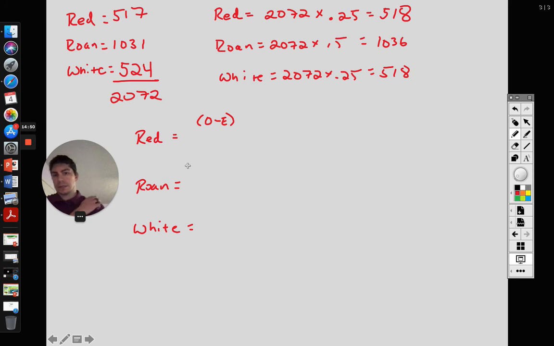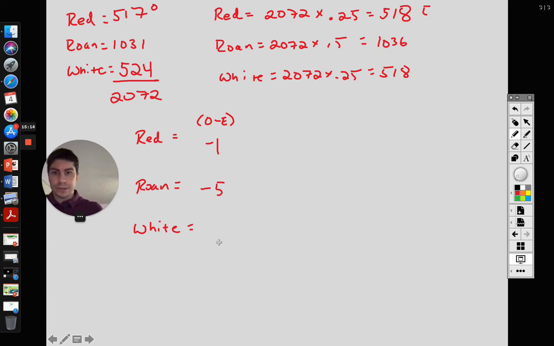All right, so for our observed, which is here, and our expected, which is over here. For our red, we're looking at -1. For our roan, we're looking at -5. And for our white, we are looking at 524.